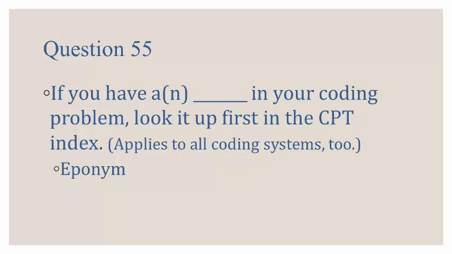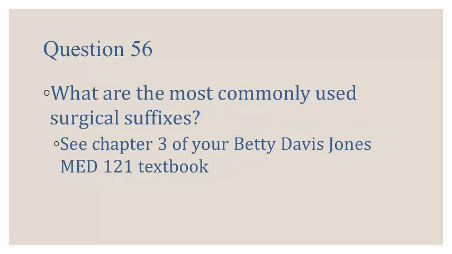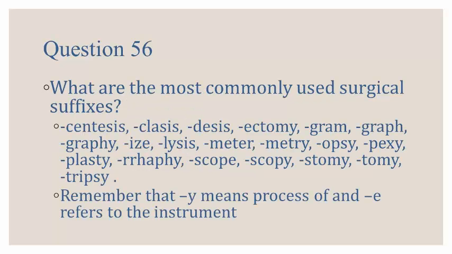Work smarter, not harder. What are the surgical suffixes? Please review Chapter 3 of your Betty Davis Jones Med 121 textbook. Synthesis, clasis, desis, ectomy, gram, graph, graphy, ites, lysis, meter, metry, opsy, pexy, plasty, raphy, scope, scopy, stomy, tomy, tripsy.